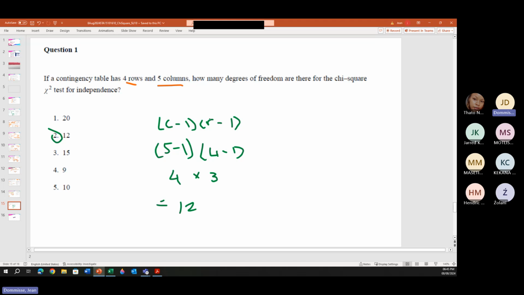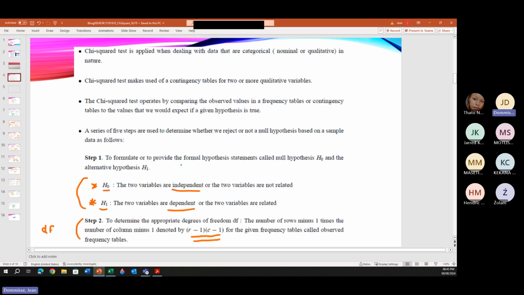And then, as we did with the T and Z when we were doing the hypothesis testing for the mean or the proportion, for categorical data, the chi-square, we follow nearly the same process.